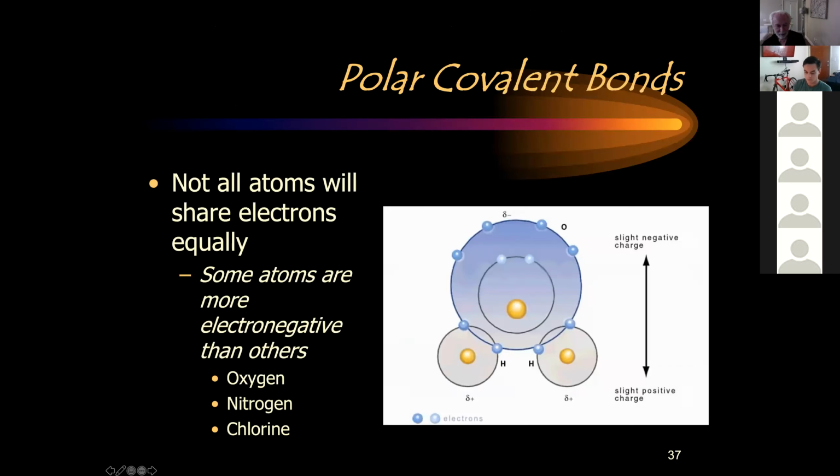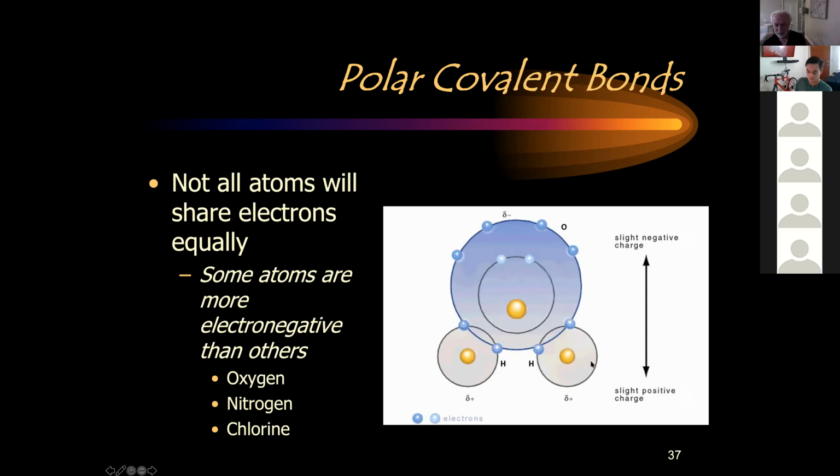So some atoms are more electronegative than others. Oxygen is one that's more electronegative. So here again is a water molecule. The oxygen atom is the large one, and the electrons tend to congregate on the oxygen side of a water molecule, giving it a negative charge, which means that the hydrogen side of a water molecule has a positive charge.